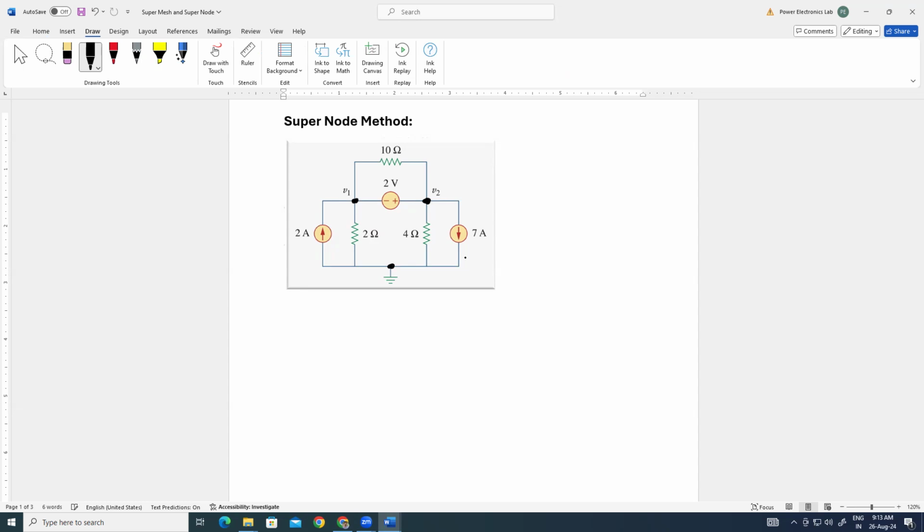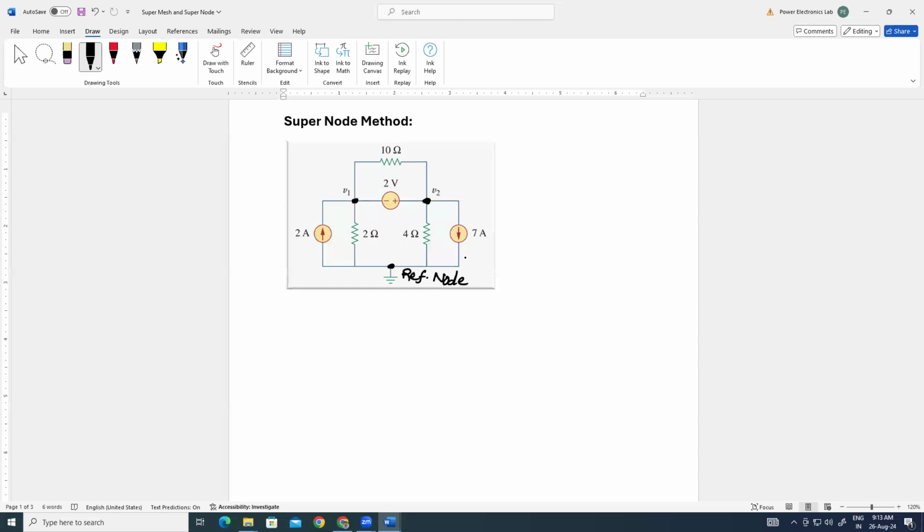This is a common node, so it is also the reference node, where the maximum number of branches are connected. You can see first, second, third, fourth: 4 branches are connected together with this node.